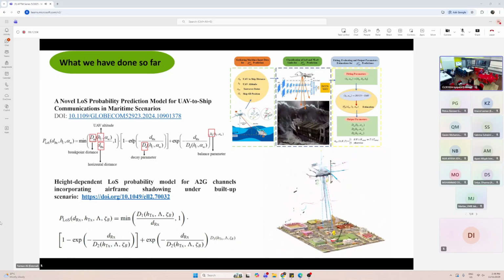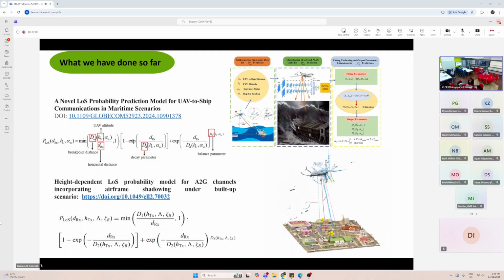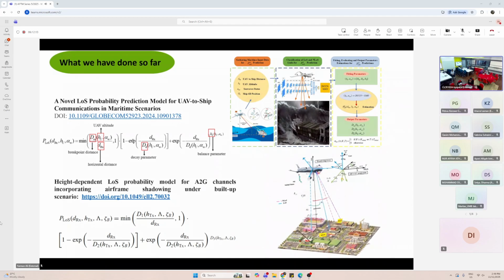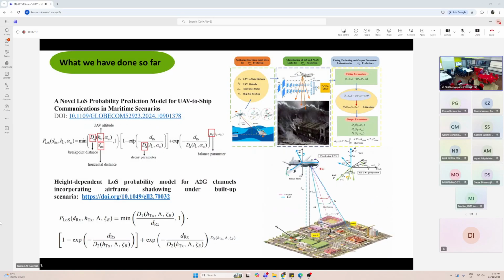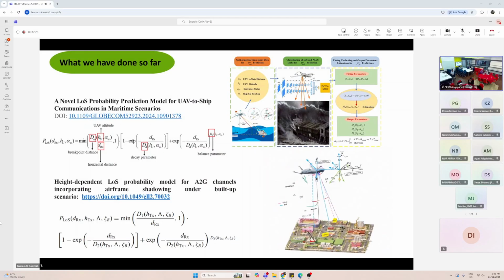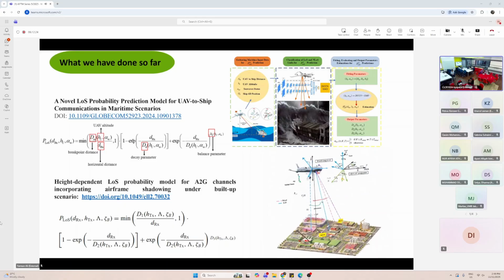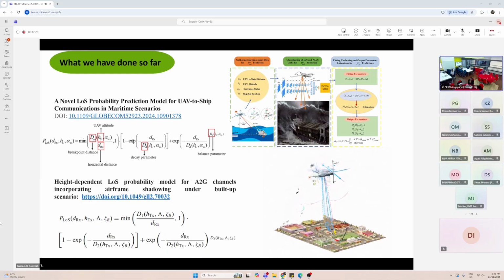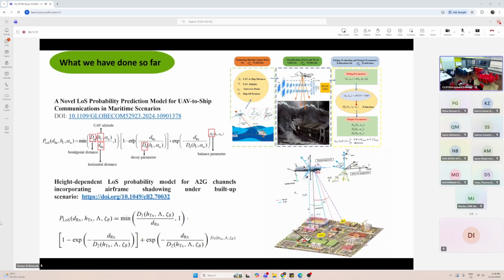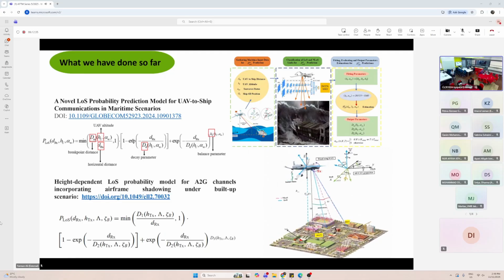First I will show details about our ongoing research models, what we have done so far. In the first work, we worked on UAV to ship communication, how we can maintain the link probability between the UAV and the ship. In the first model, we created a simple mathematical model in which we considered the UAV altitude, the state of the ship wave, the distance, and some break points, decay points, and balance parameters.